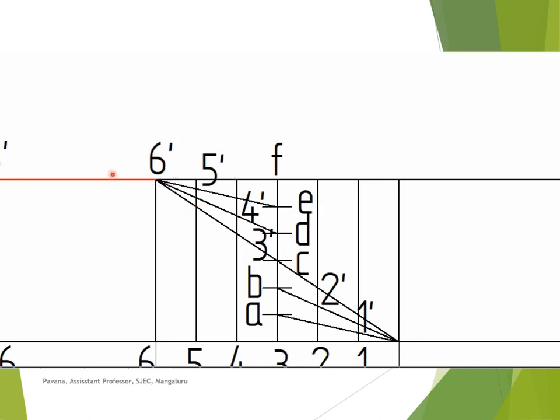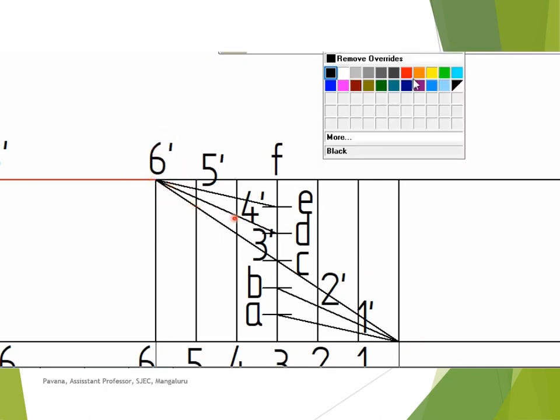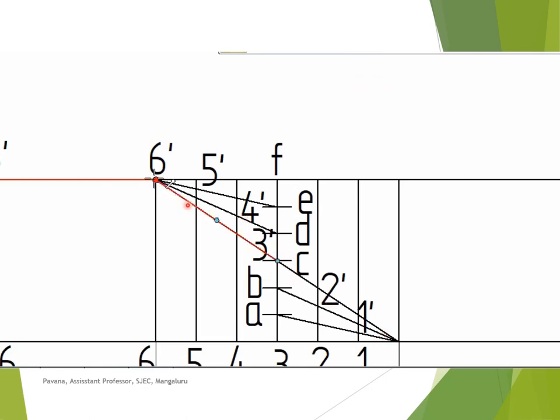Now join all these points, 6 dash, 5 dash, 4 dash, 3 dash, 2 dash, 1 dash, whatever the points you have marked, join all that with just a freehand curve, not with the scale. So this is the return curve. The curve is coming back to the home position.